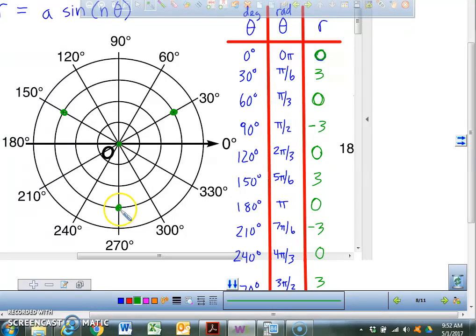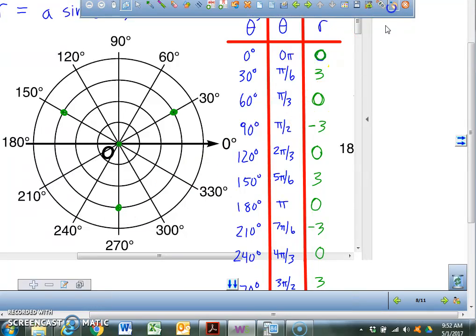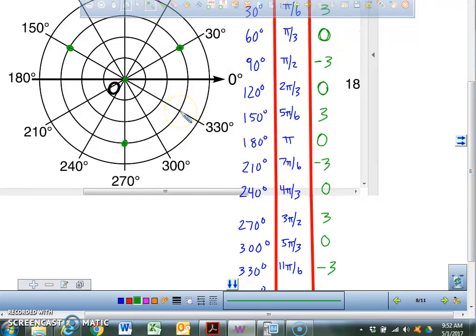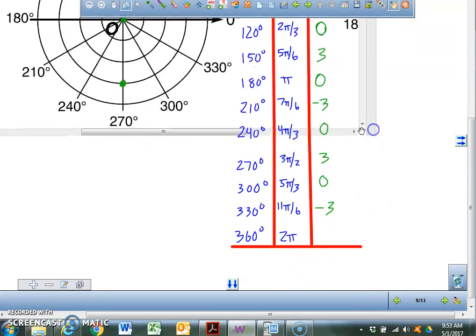Well, let's see if that works. Is 270 going to be at a 3? Yes, it is. Then we have 0 and negative 3. There's not going to be a point there, right? It's going to be right here. And then finally you get back to 0.